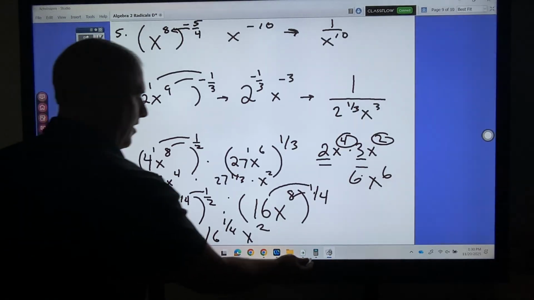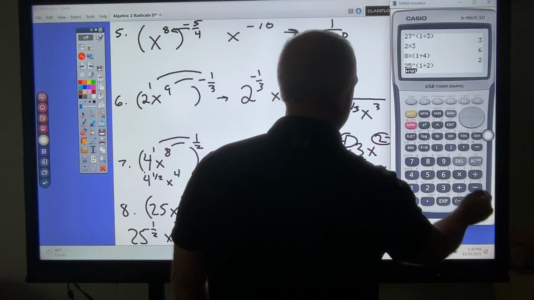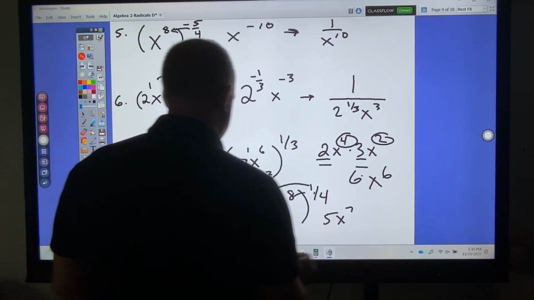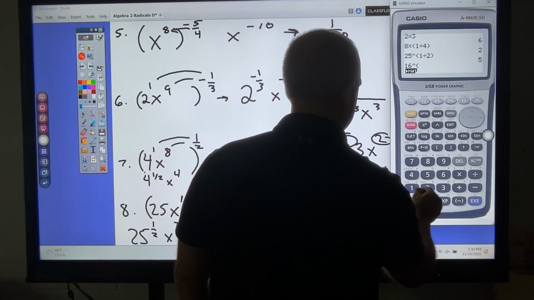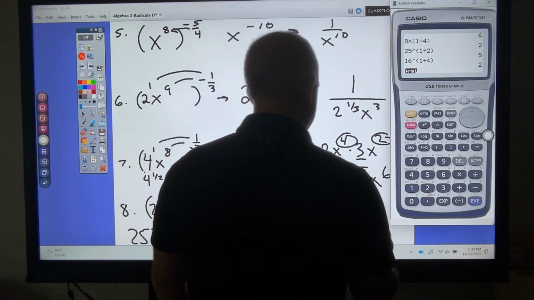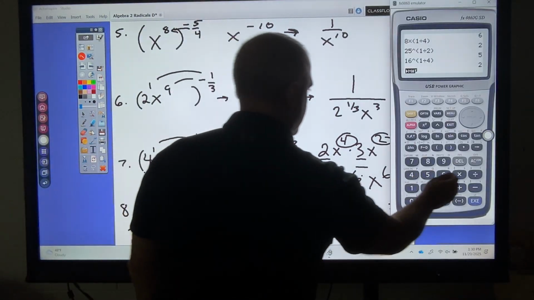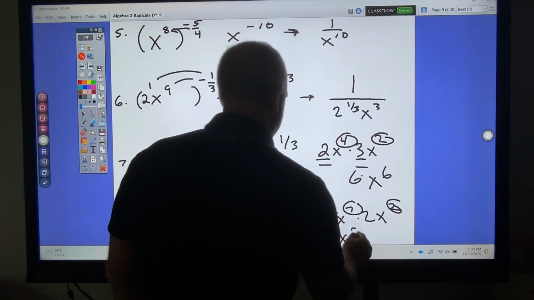Let's see what these are. 25 to the 1/2. That's going to be 5. x to the 7th. And 16 to the 1/4 power. That's 2. All right. So then I do 5 times 2. 10, add those exponents, x to the 9th, okay?